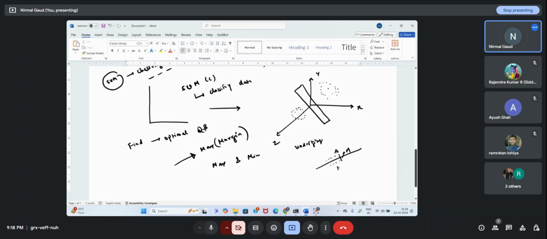We have to pick up each and every corner where it could be underfitting, where it could be overfitting. See, in maximum, if you have many misclassifications, then it's underfitting.